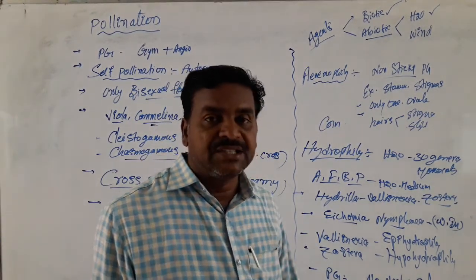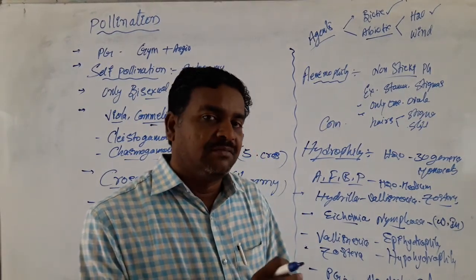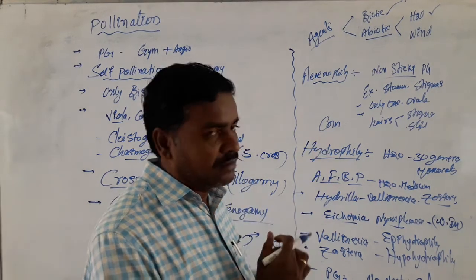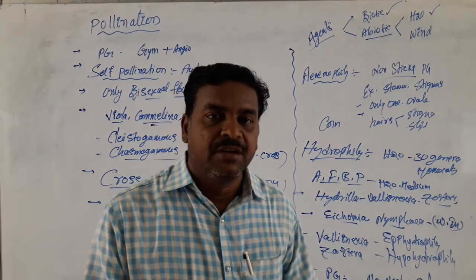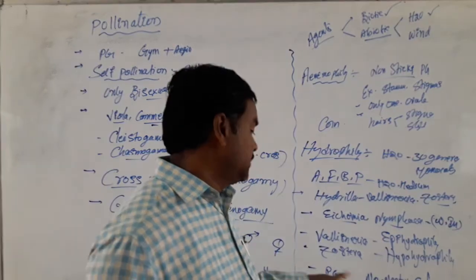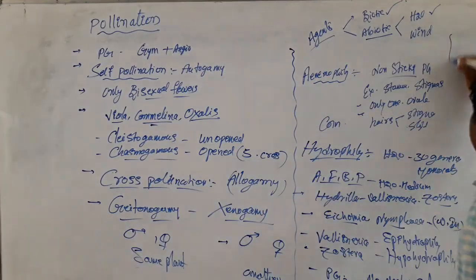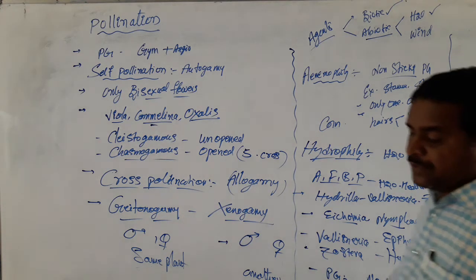In these hydrophytes, pollination takes place by an abiotic factor, that is water. There is no need for attraction, so there is no adaptation of colors and nectar inside these flowers.